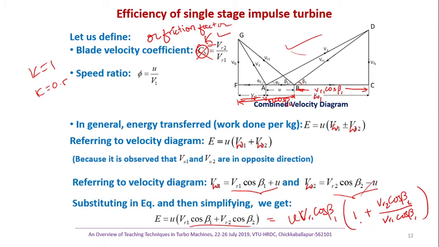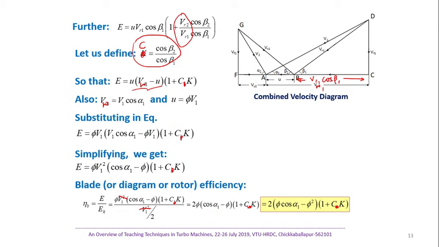Otherwise, I cannot. This is the common mathematics which we know. So I have to divide this by VR1 cos beta 1, and this is the result: VR1 cos beta 1 times (1 plus VR2 cos beta 2 by VR1 cos beta 1).